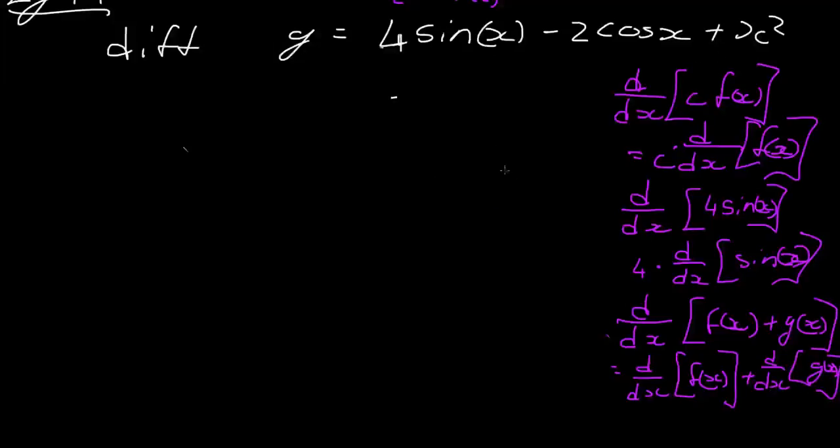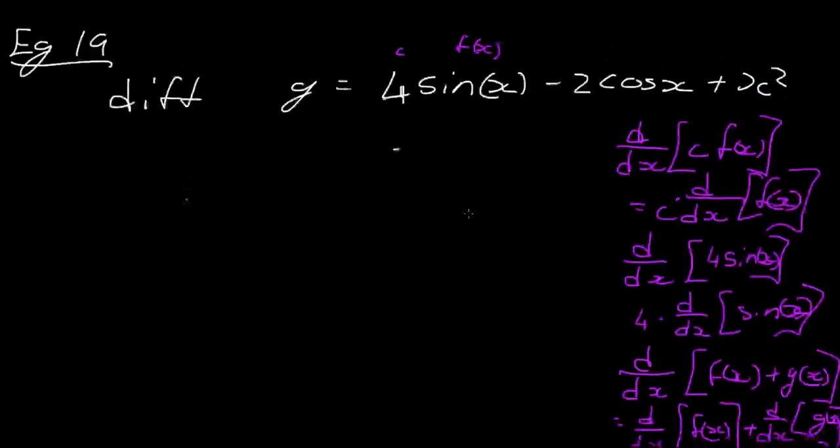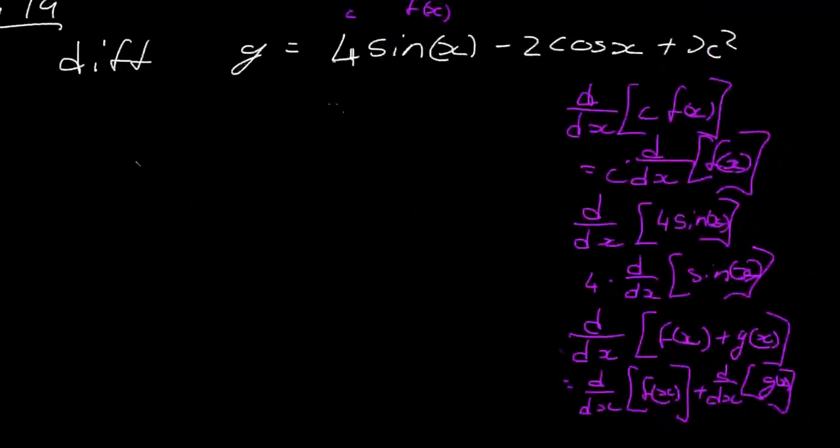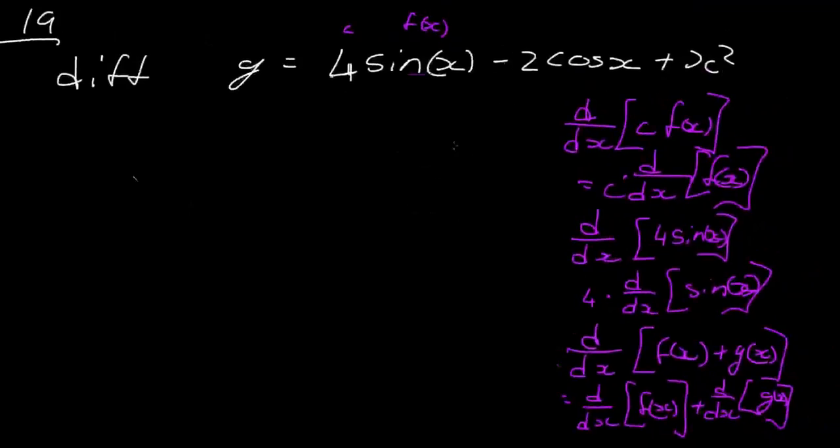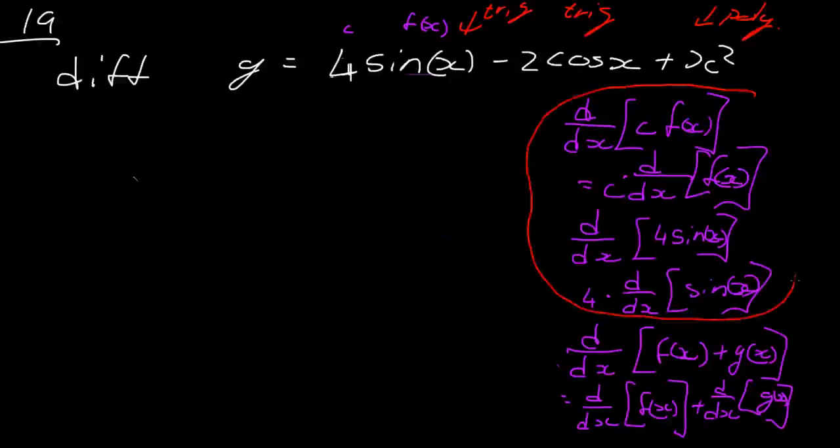Now let's look at our function. It's got a sine, a cos, and an x squared. So what do we actually have here? We've got trig and polynomial, and we've also got constants in front, so we're going to be using this rule. And you can differentiate each term individually.